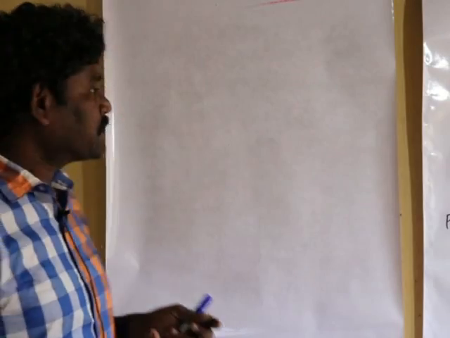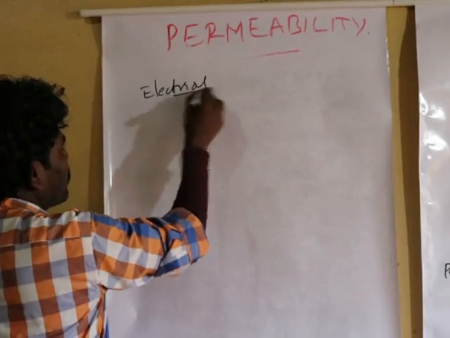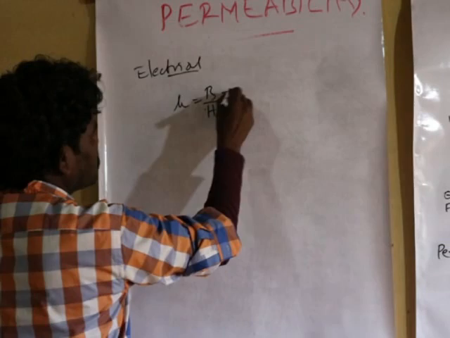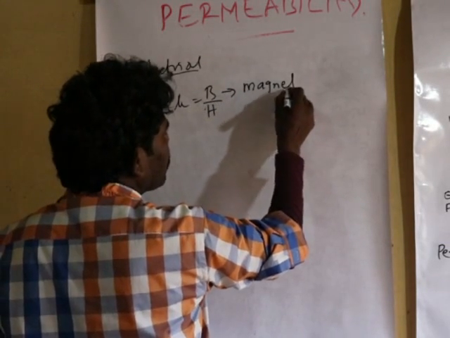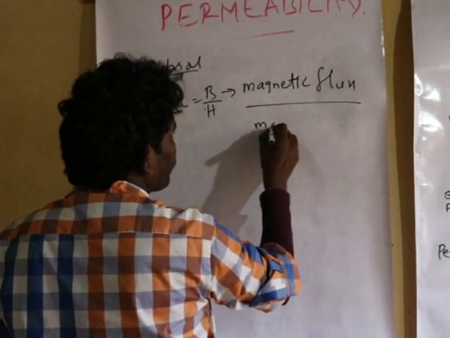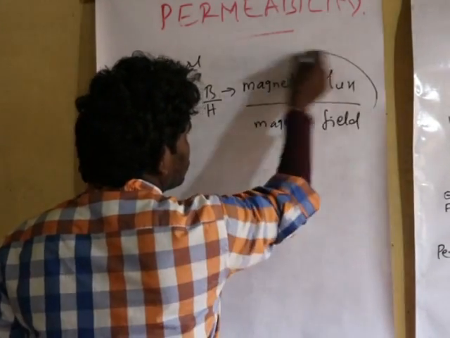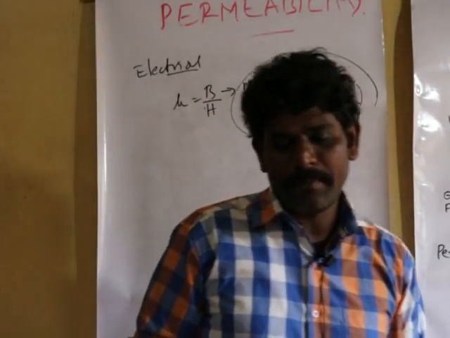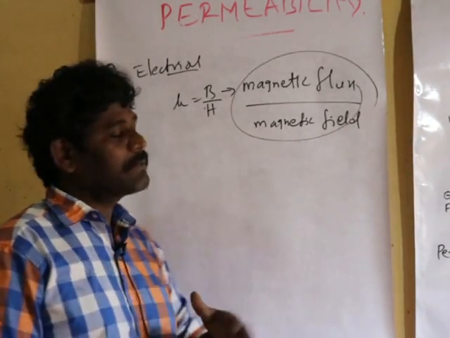In the case of electrical permeability, if you are talking about the electrical domain, permeability is called mu, which will be B by H. This is magnetic flux. So this ratio will be termed as the permeability in the electrical case, but usually permeability might involve some more aspects of the electrical property, and we have to describe it clearly.